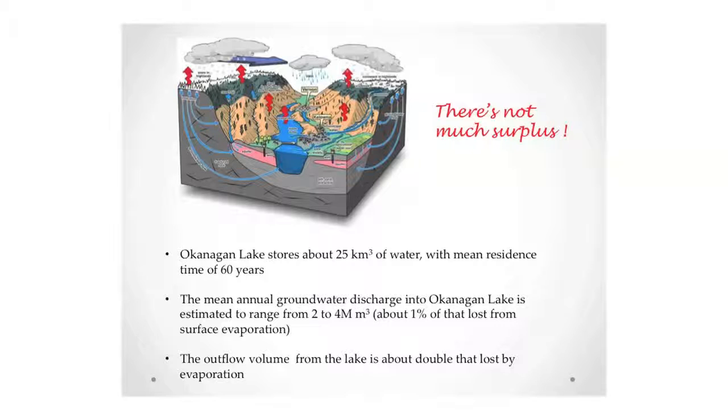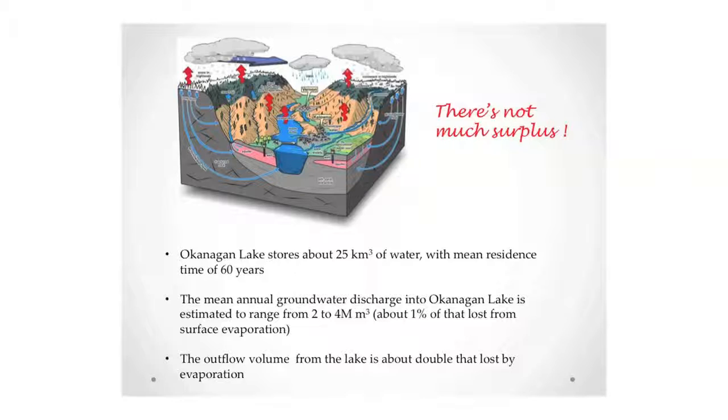Another component of the cycle is groundwater, and it has been a challenge to understand what happens with that part of the snowmelt that doesn't immediately run off over the surface but enters into the ground.